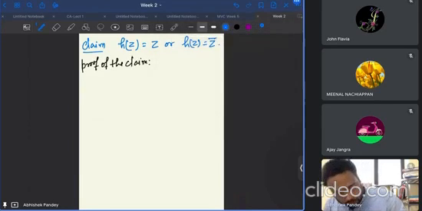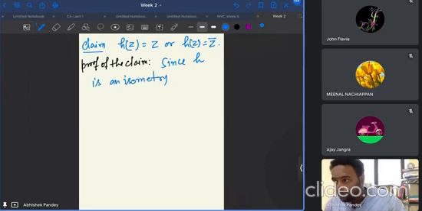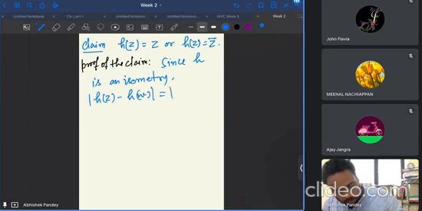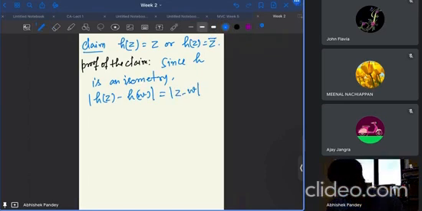Since h is an isometry, we have |h(z) minus h(w)| equals |z minus w|, for z, w belonging to C.